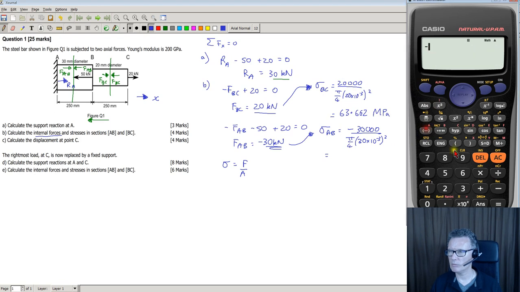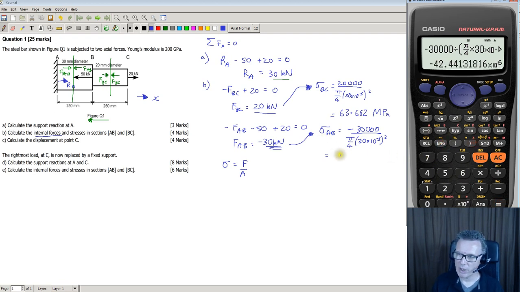Now let's do the next one, minus 30,000 divided by pi over 4 times 30 times 10 to the minus 3 squared.